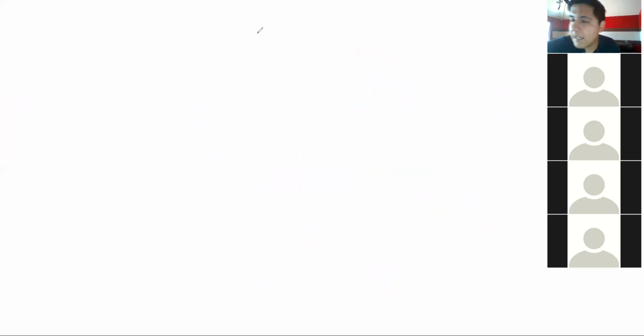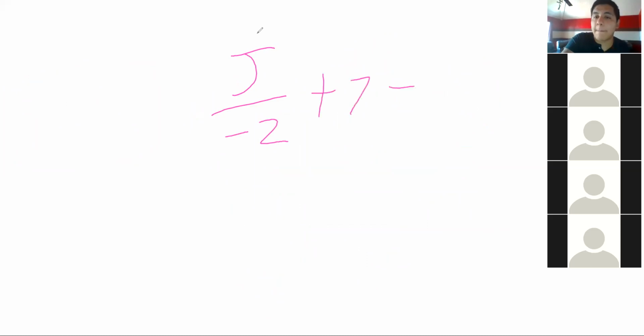So as I say, your last step is almost always to divide, but let me show you an example where it's not. We have j divided by -2 plus 7 equals -12.